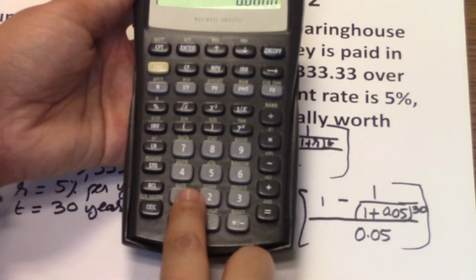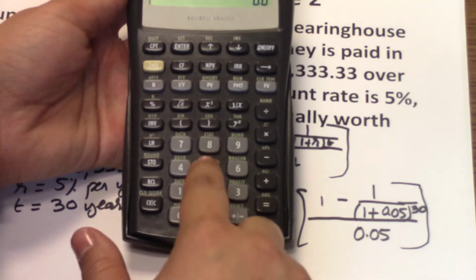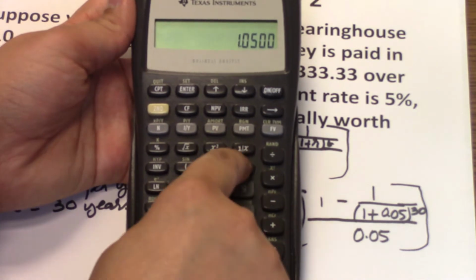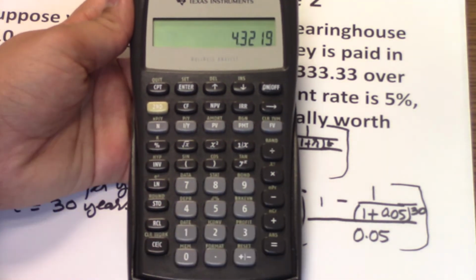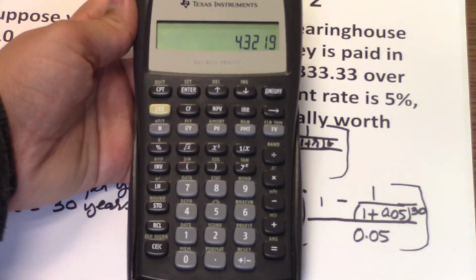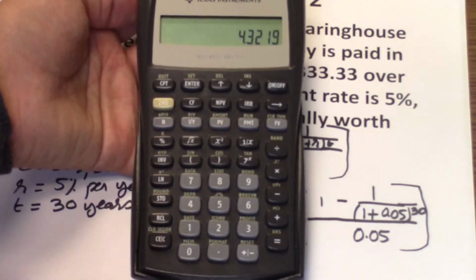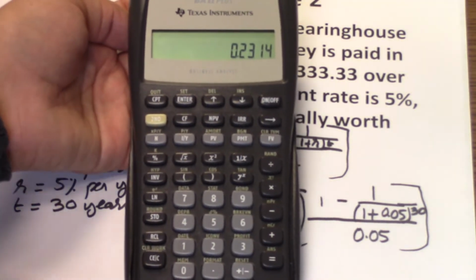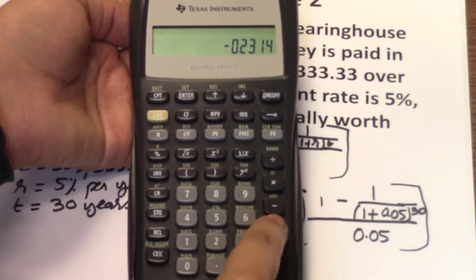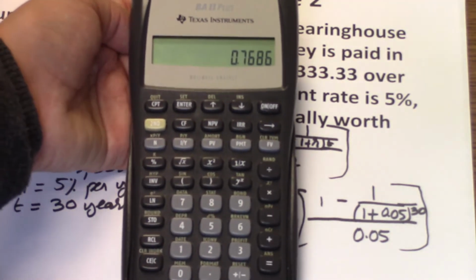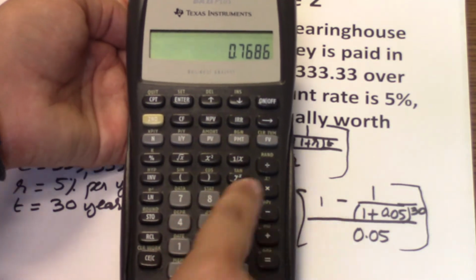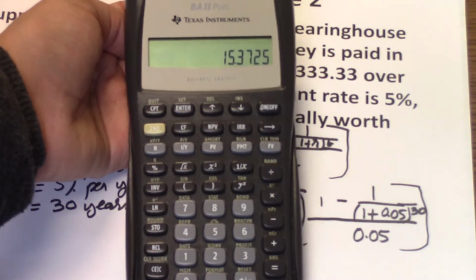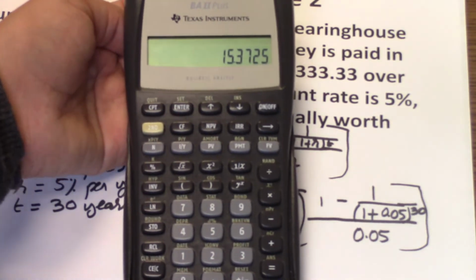So 1 plus 0.05, raised to the power of 30, and we need to inverse that. And then we use it as a negative number, so negative plus 1. And then we divide by 0.05. Now we have the number that is in between brackets.